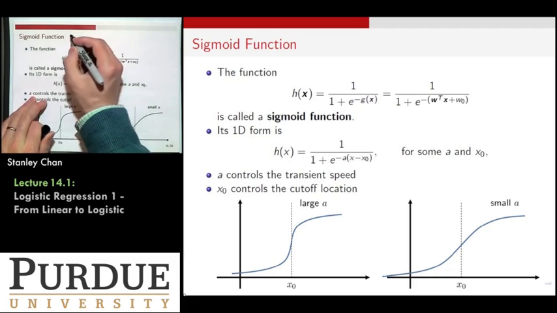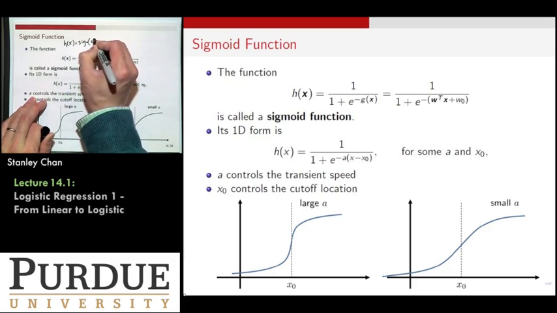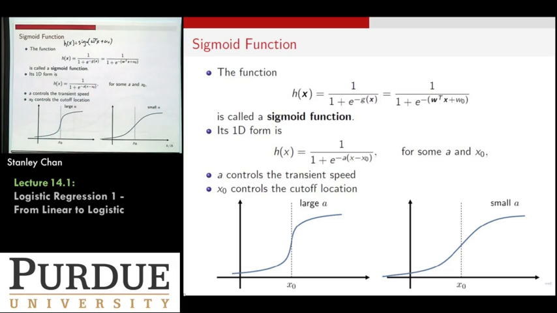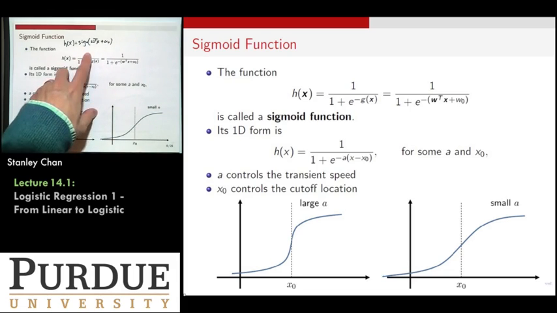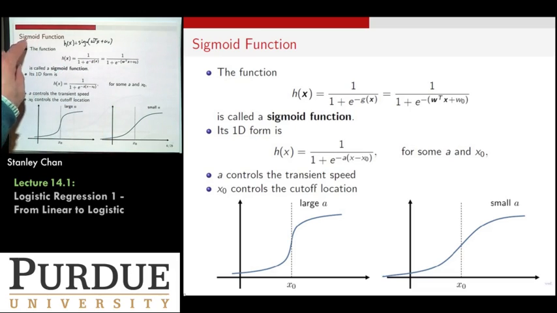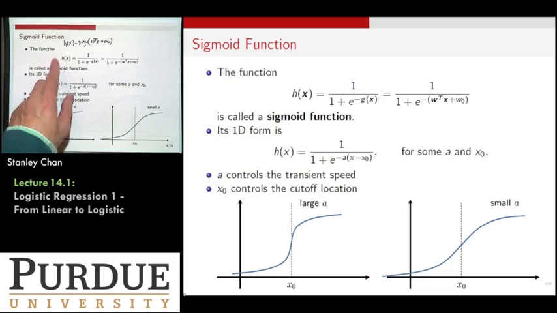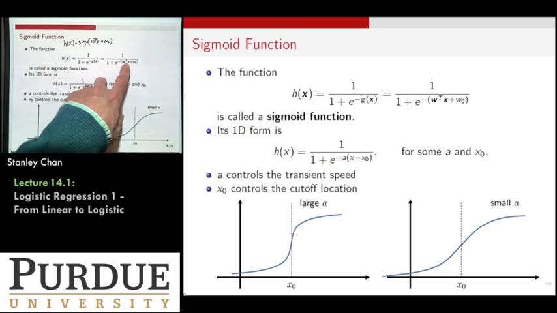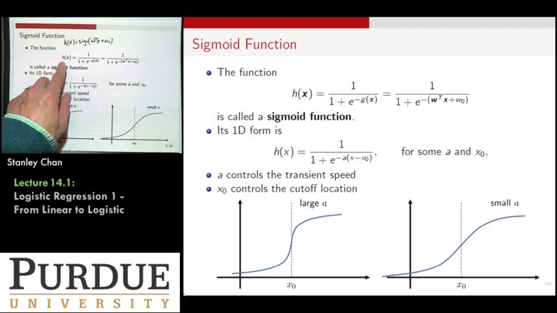You can compare to the previous case where h(x) is the sign of w transpose x plus w0. Now, instead of using a sign function, you use 1 over 1 plus e to the power minus g. You can call this a sigmoid function or a logistic function, depending on which you prefer. You plug in g as w transpose x plus w0, and that gives you the sigmoid function evaluated at x.